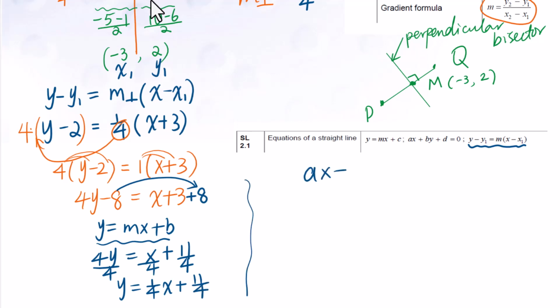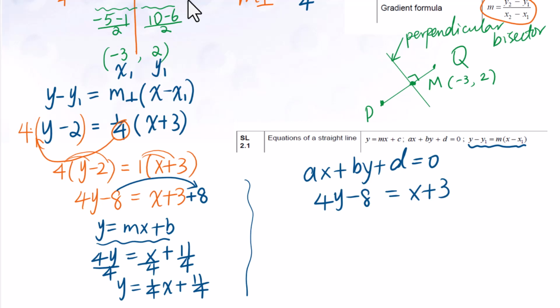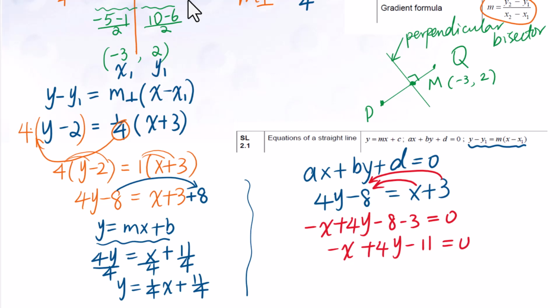For ax plus by plus d equals 0 form, we need to move everything on the right side of this equation to the left side. Remember, cross the river, change sign: negative x plus 4y minus 8, positive 3 will be negative 3, equals 0. Simplify: negative x plus 4y minus 11 equals 0.